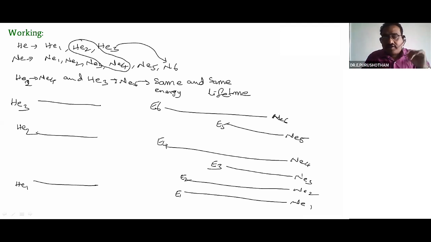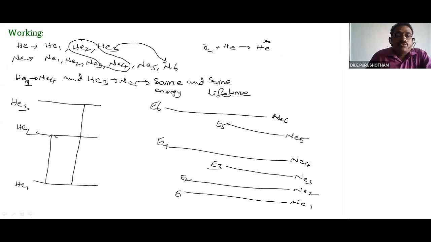So using the radio frequency generator, if you are discharging the helium neon gas mixture, then from the radio frequency generator a number of electrons are produced. These electrons collide with helium atoms, then the helium atom goes to the higher energy states He1 and also He3.